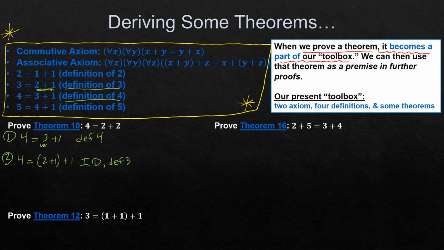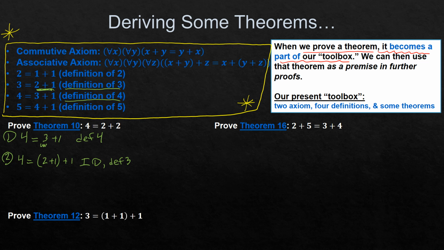We're going to be rearranging with the commutative axiom and rearranging, so to speak, with the associative axiom. And here's exactly when I believe we should use the associative axiom. We should instantiate that. So then the question is, what do we instantiate for x? What do we instantiate for y? What do we instantiate for z? And I think we should instantiate 2 for x, 1 for y, and 1 for z.